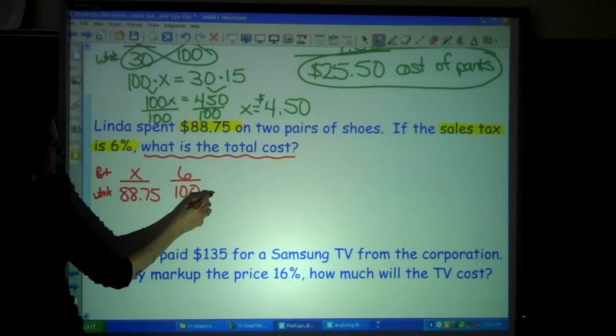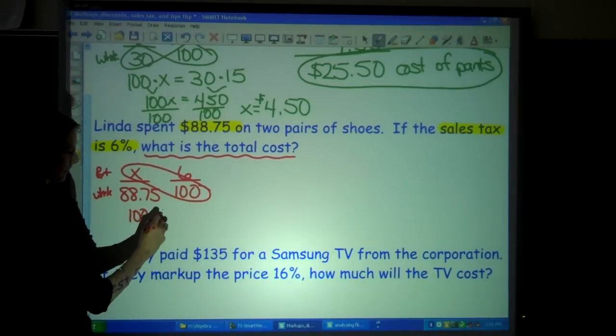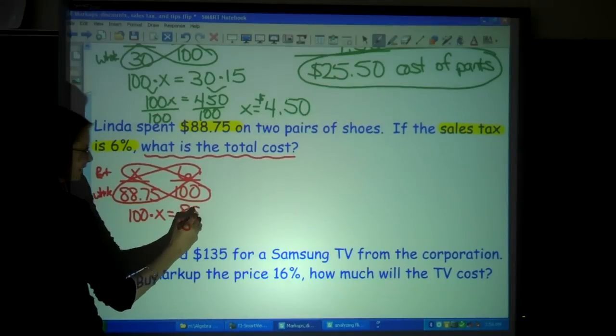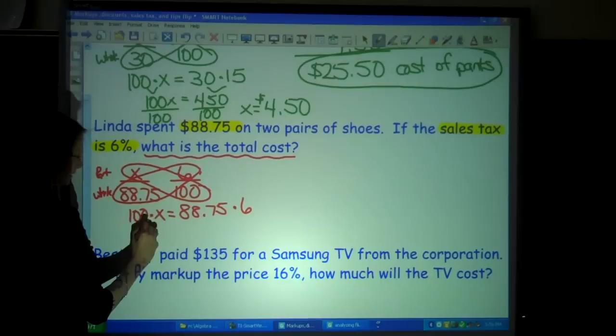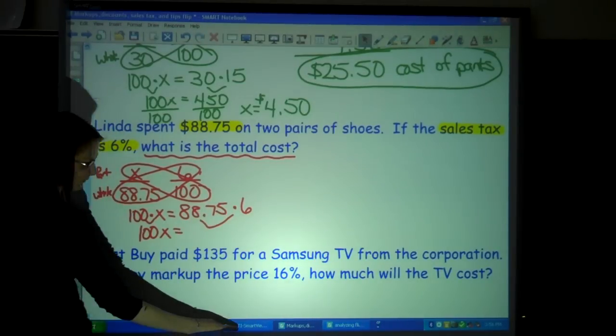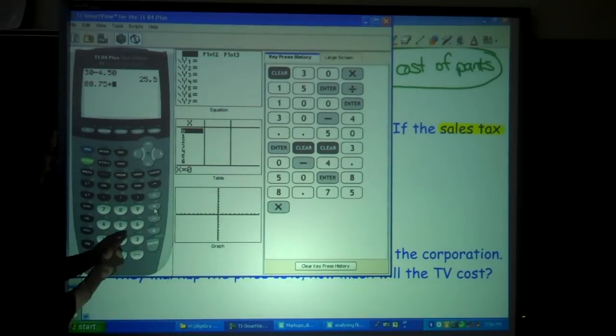And I'm going to do my extremes times my extremes, because my variable's up there. And my means times my means. 88.75 times 6. That gives me 100x. Remember to put that in as $88.75 times my 6%.